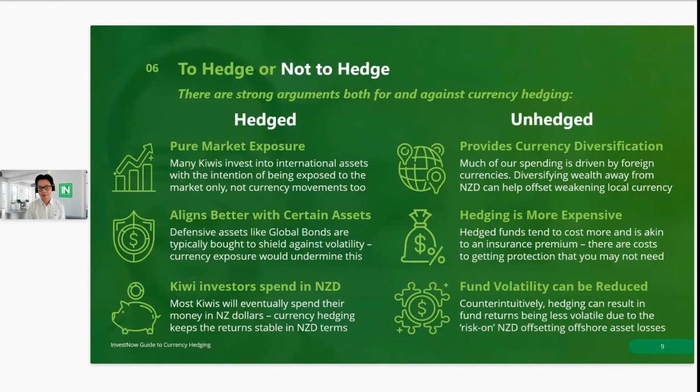For example, if the market started tanking, let's say it lost 10% in a day, then usually the reason would be that something happened in the world. Let's say a war broke out, then people will start flocking to the US dollar. So from a New Zealand dollar perspective, although we did lose out on the underlying market going down, because the USD also started increasing, as New Zealand investors we also would have benefited a little from that foreign currency going up. So our return wouldn't have been as bad as if we didn't have any exposure to the US dollar at all. So from that perspective, the volatility could decrease as well.